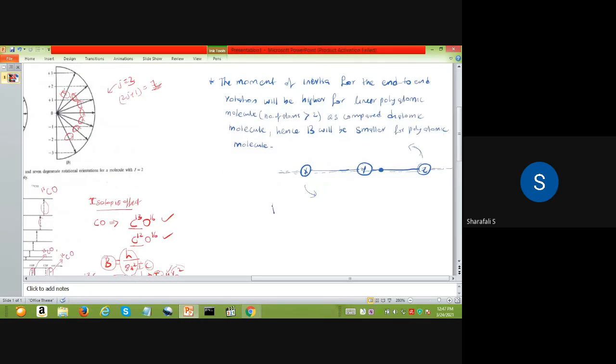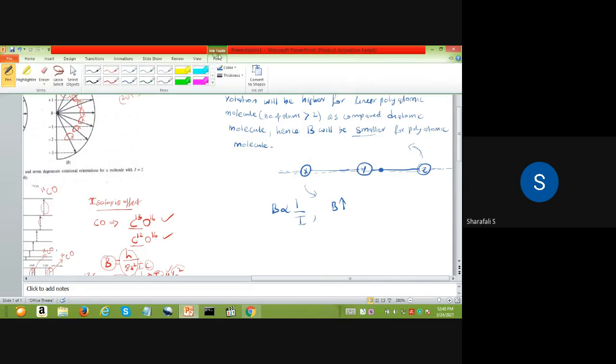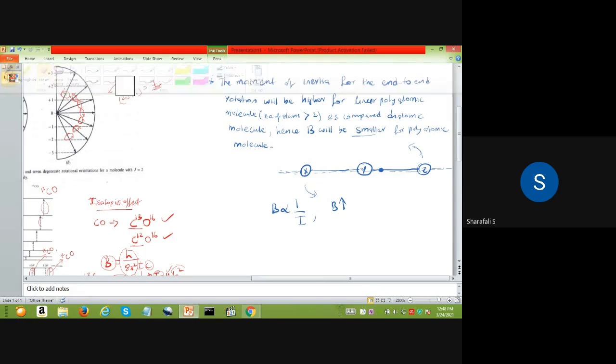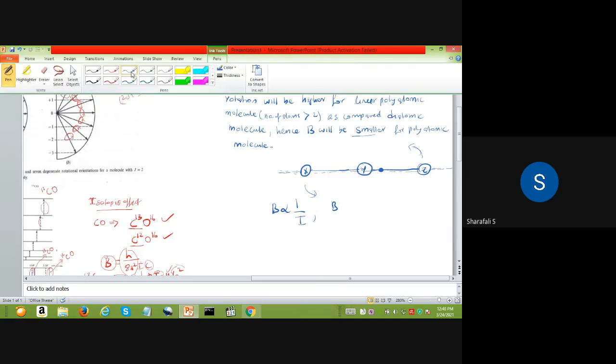And as you know, your B value is inversely proportional to the moment of inertia, hence B will be smaller for a polyatomic molecule, because your I value, which is the moment of inertia, is higher for a polyatomic molecule.